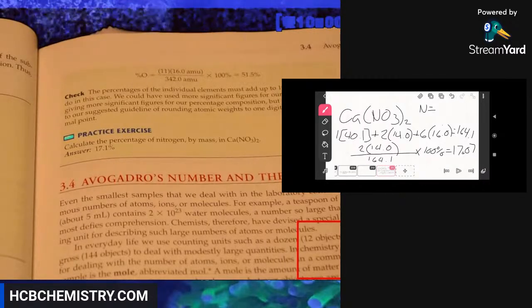Okay, see that? And then if you round it, you get the answer from the book. All right. And then you get that.